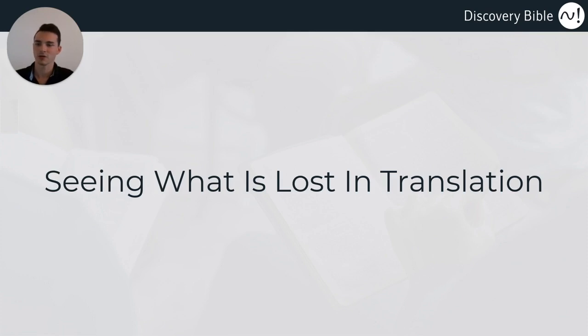And then in video 4 as well, we looked at the emphasis of the original languages and how Greek and Hebrew have special ways of emphasizing certain words. All of those things impact translation, and because of translation, they're lost. If you were reading directly Greek and Hebrew, you would see those things immediately.